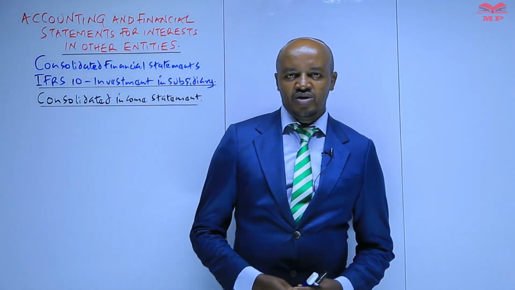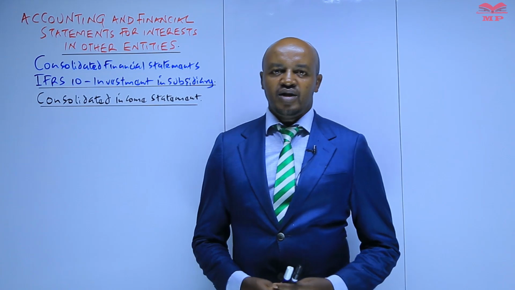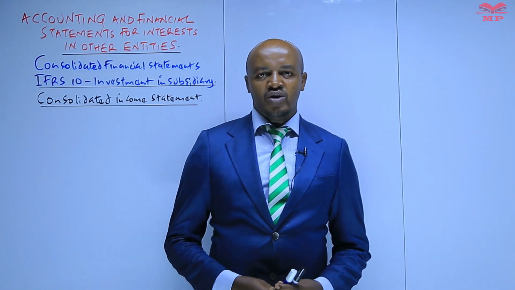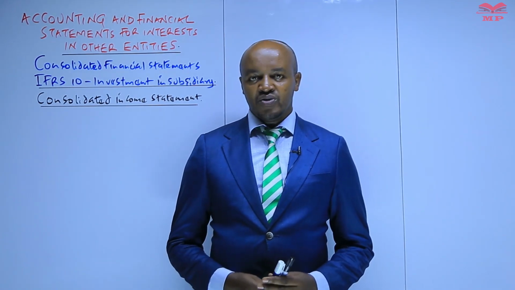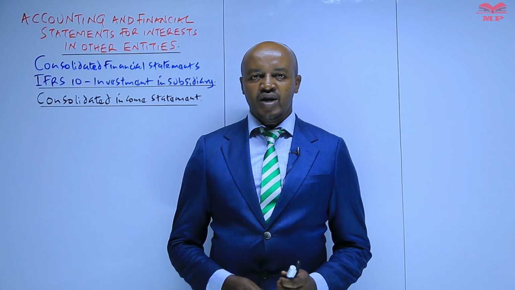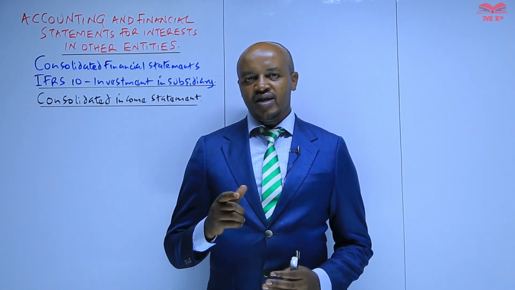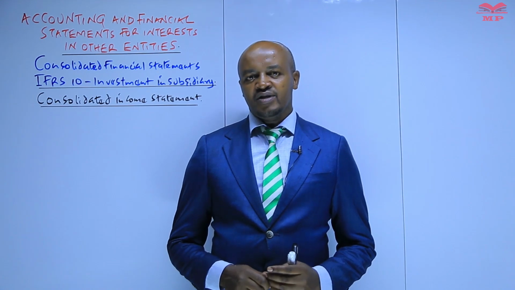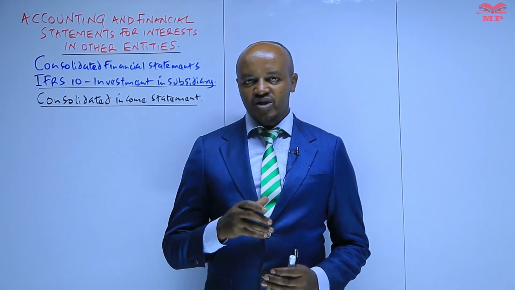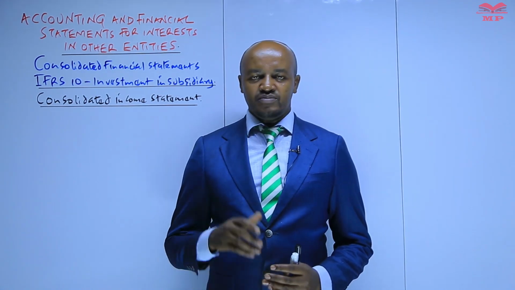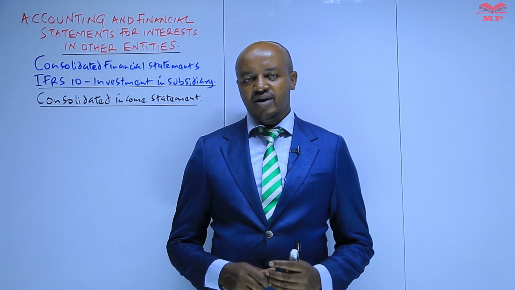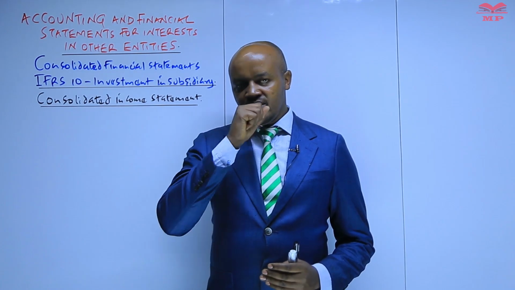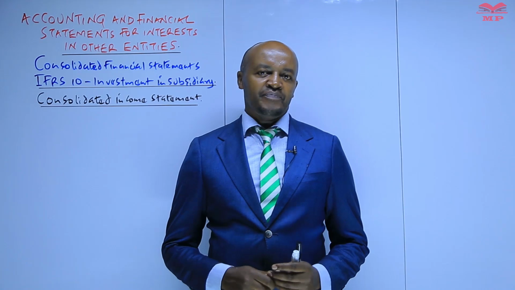We are still continuing the topic of group accounts, and so far we have been able to look at how to prepare the consolidated statement of financial position, and the various consolidation adjustments which are necessary and which you need to know specifically in preparing a consolidated statement of financial position, specifically whereby the parent company has invested in a subsidiary.